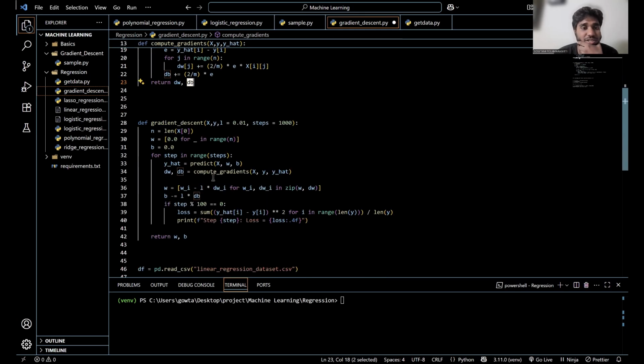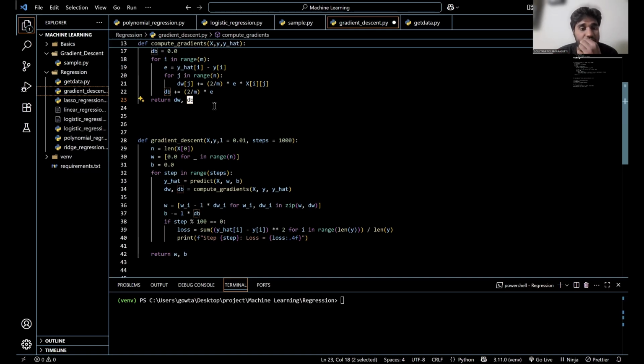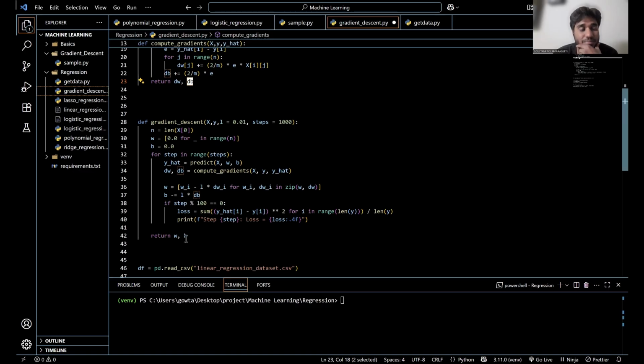Now, the main function called gradient descent takes in the x features, y values, the output values we need, the learning rate and steps. It trains by first taking some random weights and then refactoring them using the gradients we get from the gradient function, and returns the optimized weights and bias term, which we need for the linear combination of the best fit line.